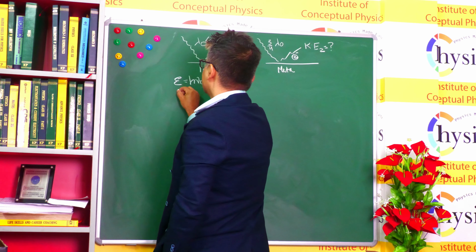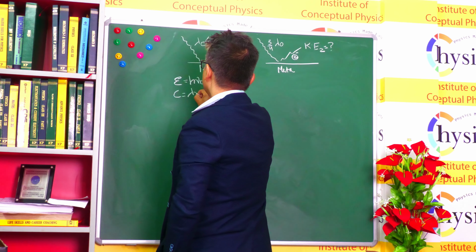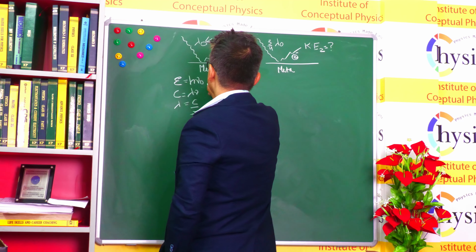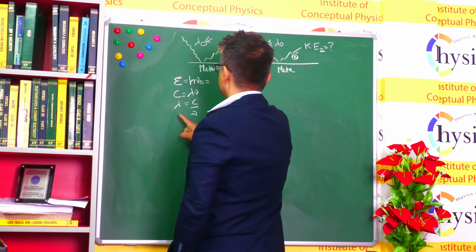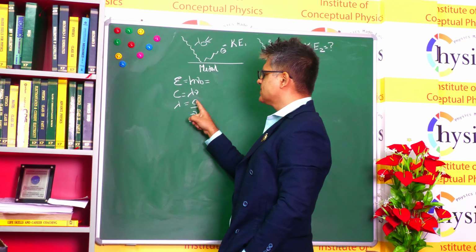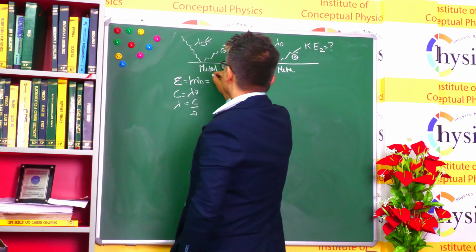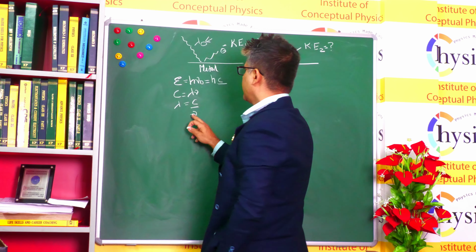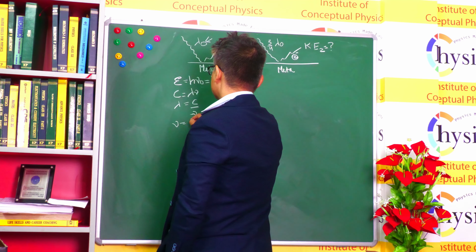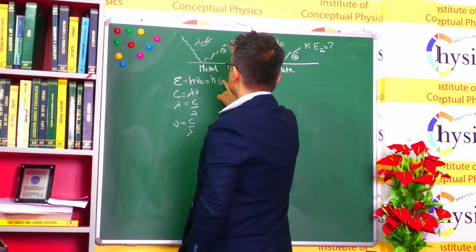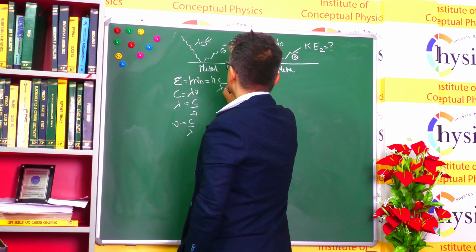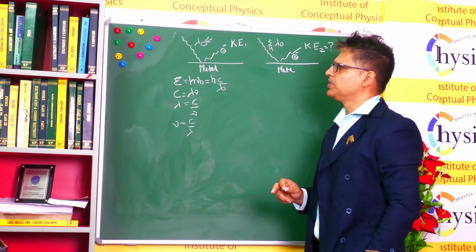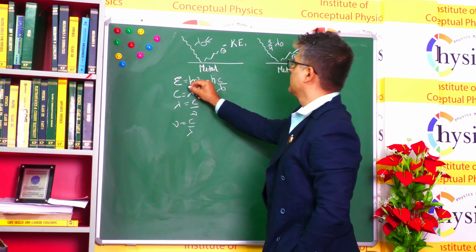So let's use c equal to lambda nu, so you can write wavelength as speed of light divided by frequency. So frequency is c upon lambda. So this is hc by lambda naught. This is the total energy which is available to you in situation 1.